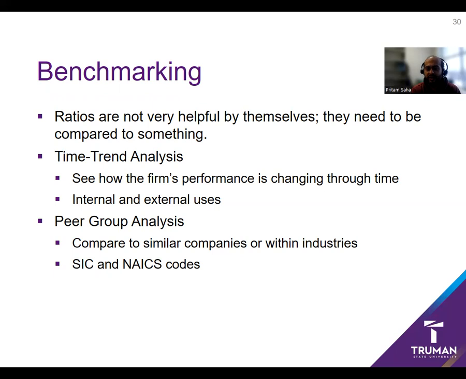Let's say we want to see the profitability ratios for the last 5 years. That will help us understand how profitable they have been. So time trend analysis is all about fixing one corporation and looking at that corporation's last 3, 5, or 10 years of ratios.